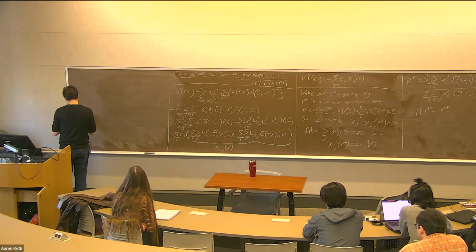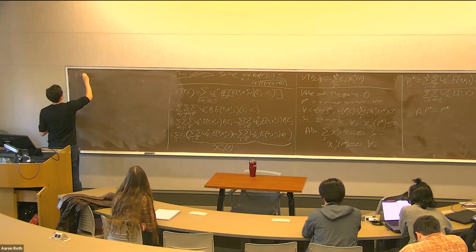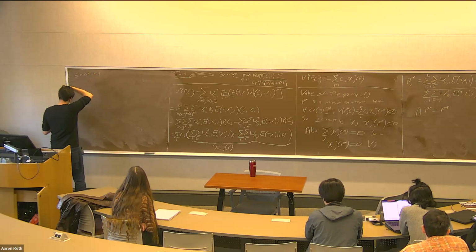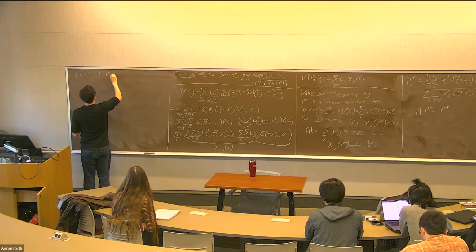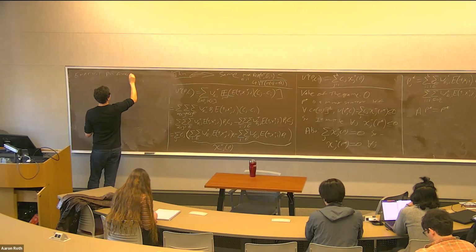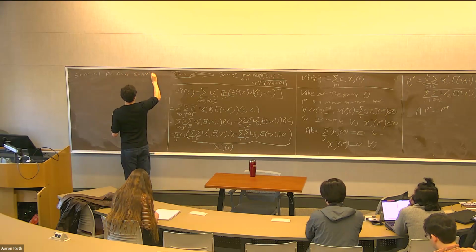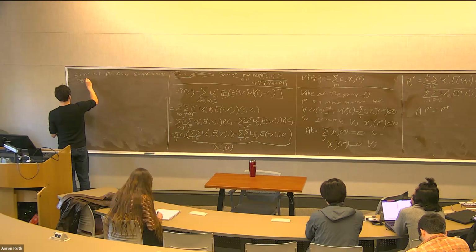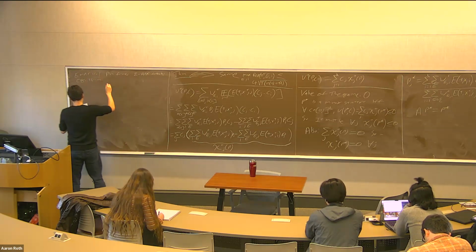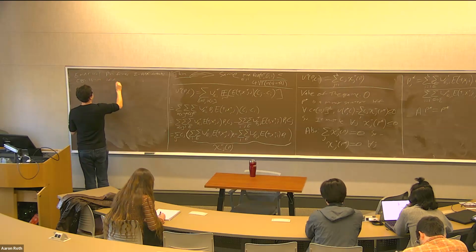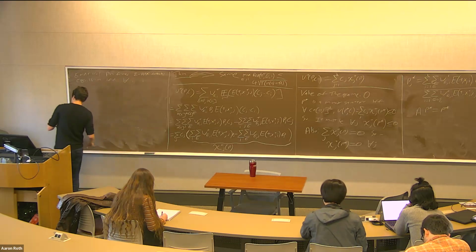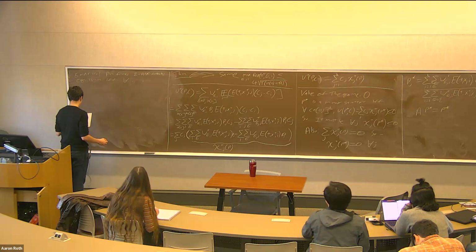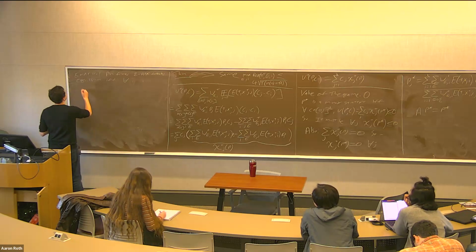What we noted at the beginning of this section of the course is that the empirical play formed an epsilon approximate correlated equilibrium if and only if, for each player i, their swap regret was bounded by epsilon t.